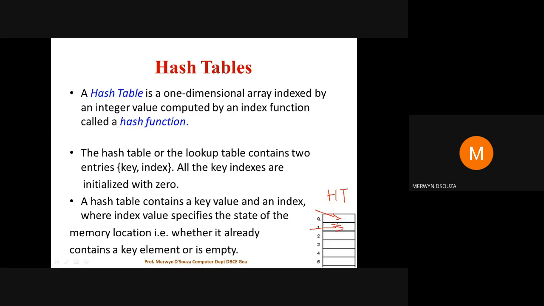A hash table has an index, and it has a key value. So there are two entries for each value. Like each entry you will be having two values. One is the key, which is the actual data value. The second is the index, which is your array index.